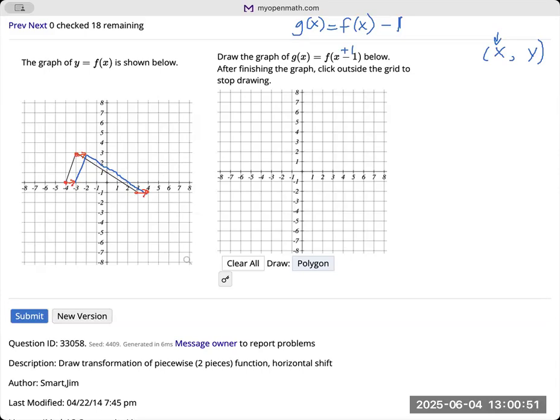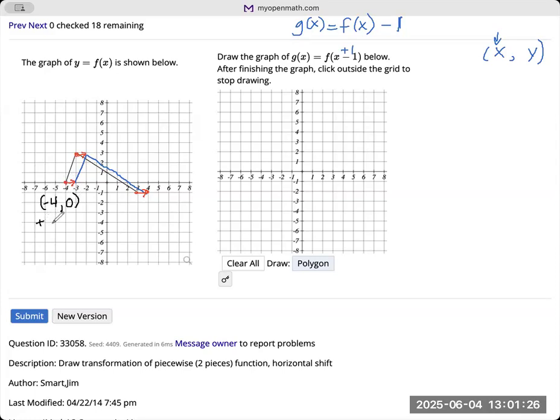To help you do this, first notice where the original point was located, and we can add 1 to its x coordinate. Then we can graph those 3 points over on the other graph. So let's focus on each of the original points on the graph. This first point is located at -4 for the x coordinate and 0 for the y coordinate.